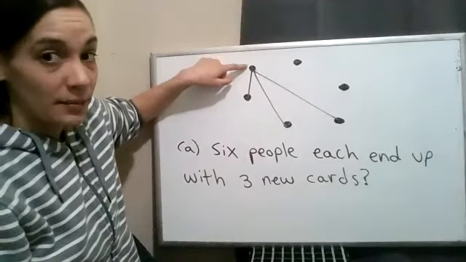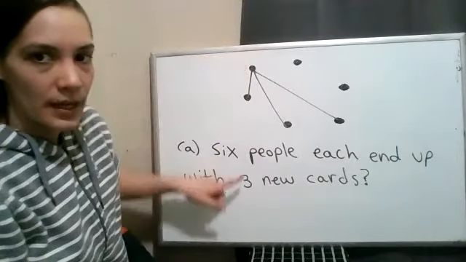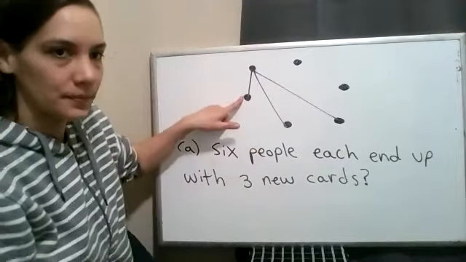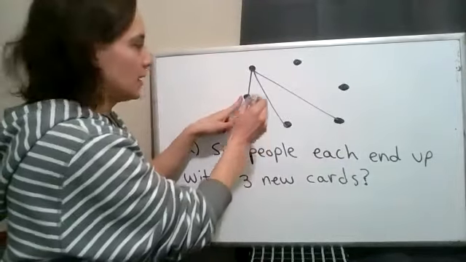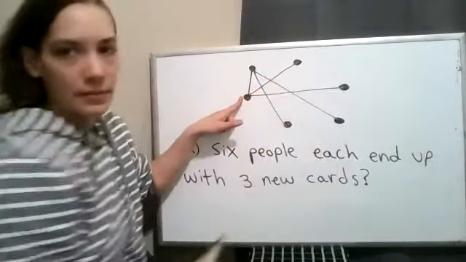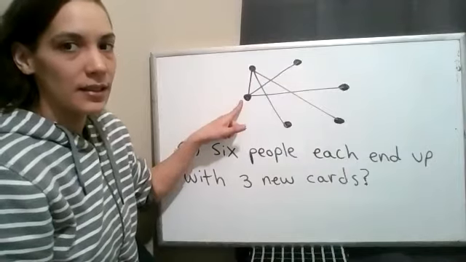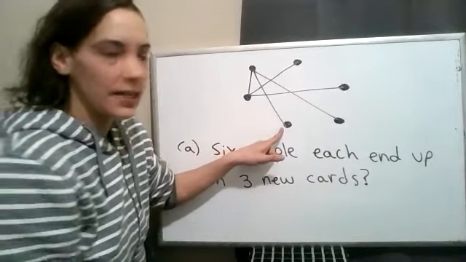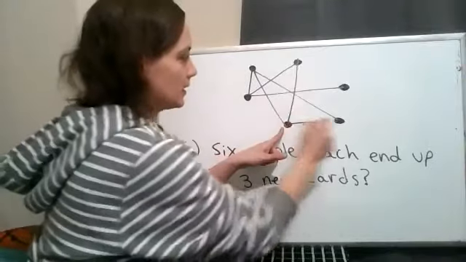So that person's done. They've exchanged cards with people 3 times. This person: that's 1 exchange, 2, and 3. So that person's done. Here, we've already gotten 1 card, and I got another and another.